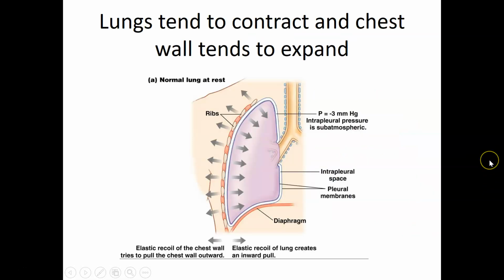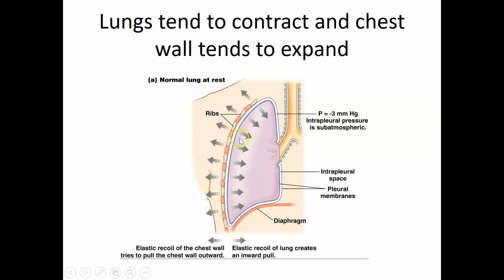All right, next topic is part C on the outline, which is why do the lungs remain inflated? And think back to an earlier video in which I mentioned that there's extensive elastic fibers within the lungs. And those elastic fibers have the tendency of wanting to contract if there's no other force acting on them.